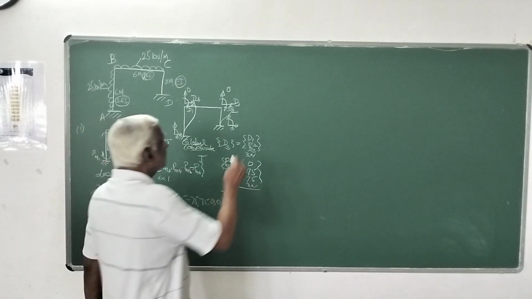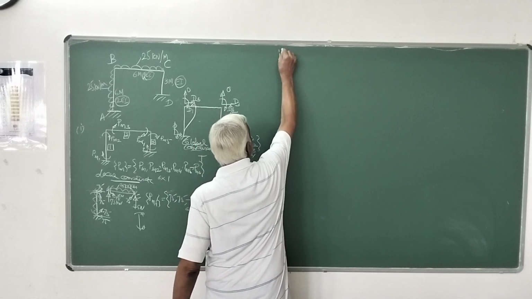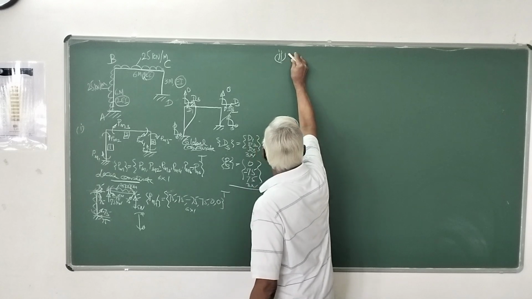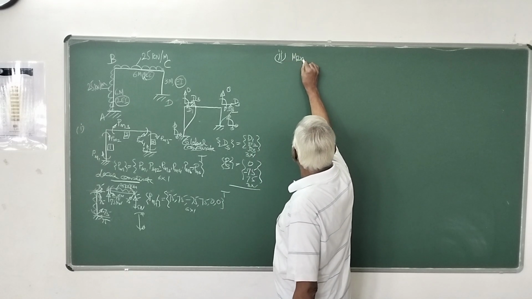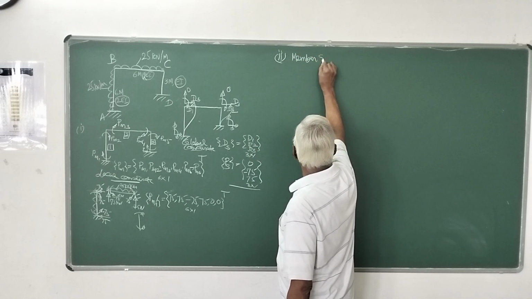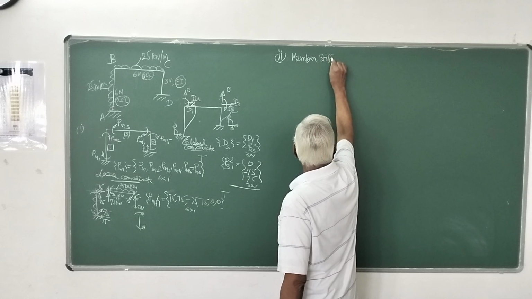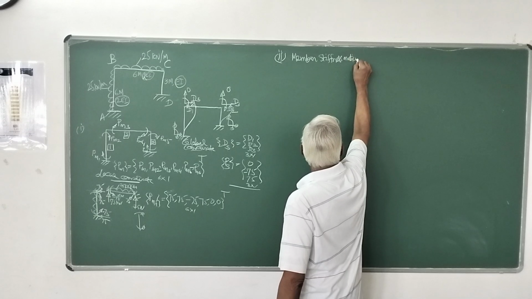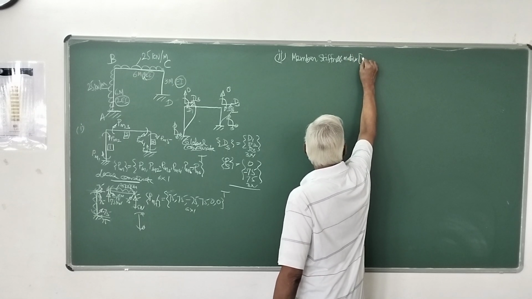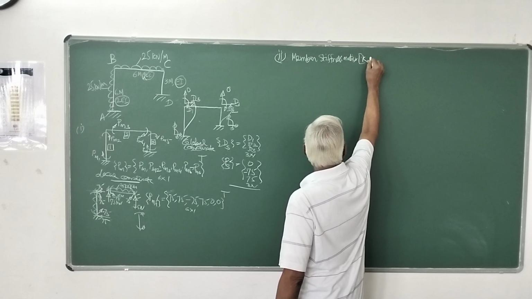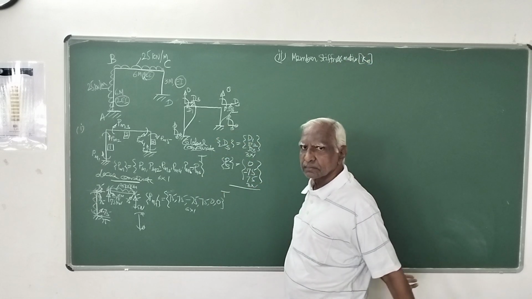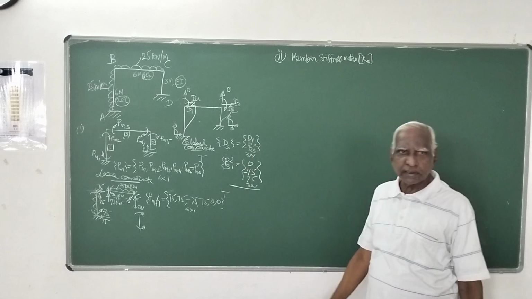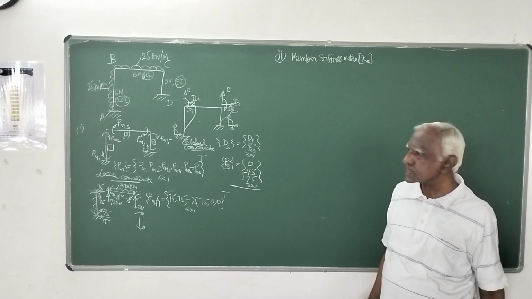Next, second step is your member stiffness matrix, KM. For all the members, you have to assemble the stiffness matrix.